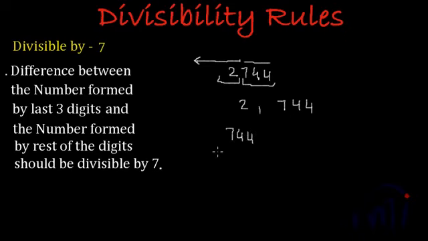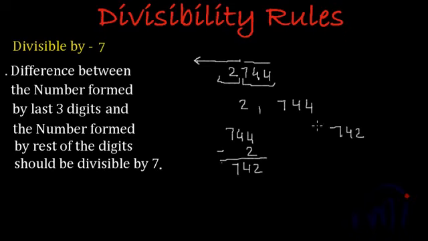If I subtract 2 from this, 4 minus 2 is 2, and we get 742. The next step is we have to divide this 742 by 7 and we should get 0 as our remainder, right?